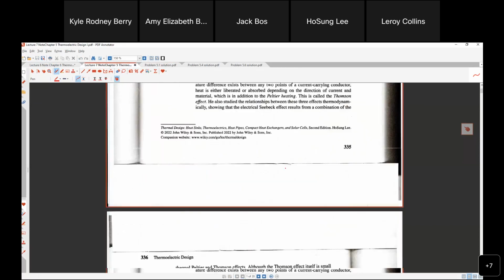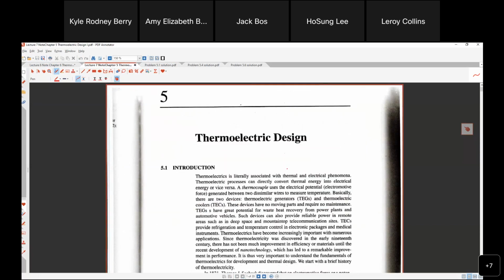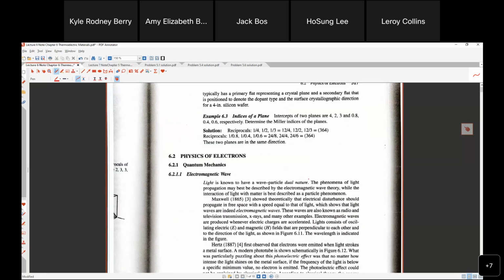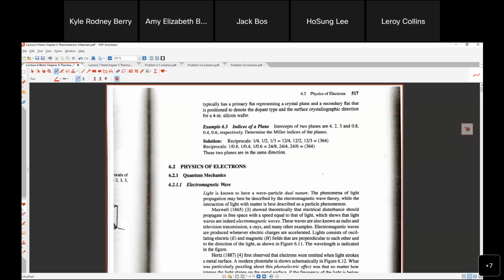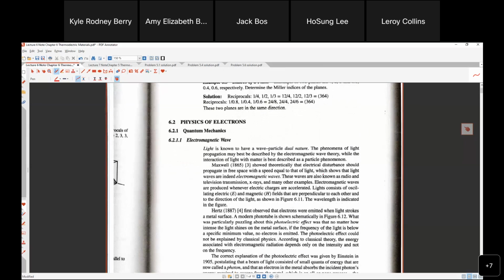Let me first talk a little bit about the physics. Since you have the textbook, chapter 6, page 517, the physics of electron.